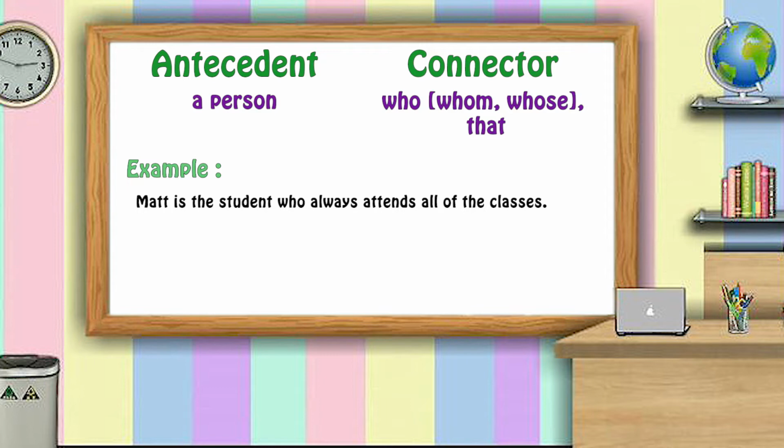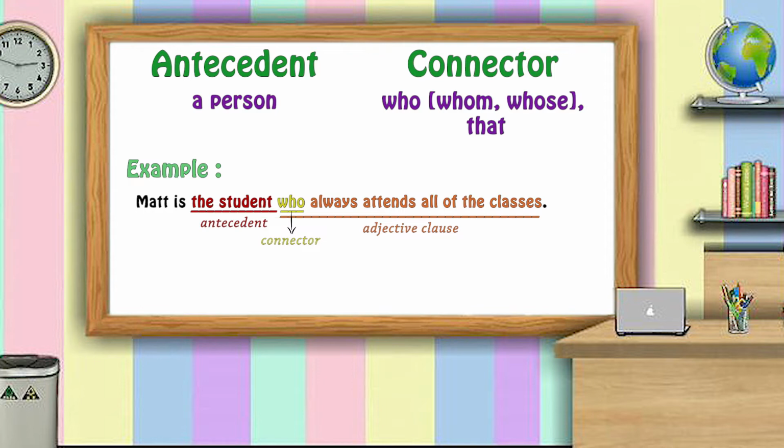Matt is the student who always attends all of the classes. The student is the antecedent, and who is the connector. Who always attends all of the classes is the adjective clause that modifies the word student.